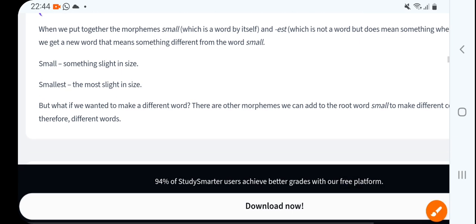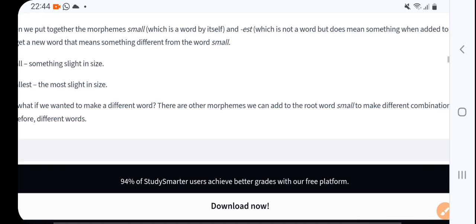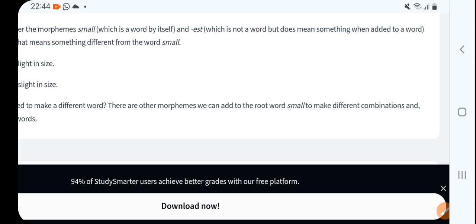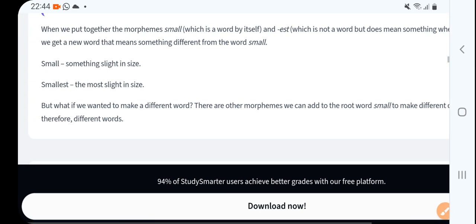Okay. When we put together the morpheme small, which is a word by itself, and est, which is not a word but does mean something when added to a word, we get a new word that means something different from the word small.